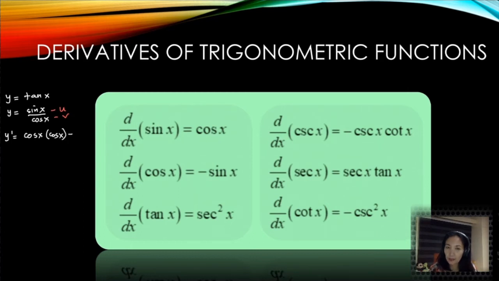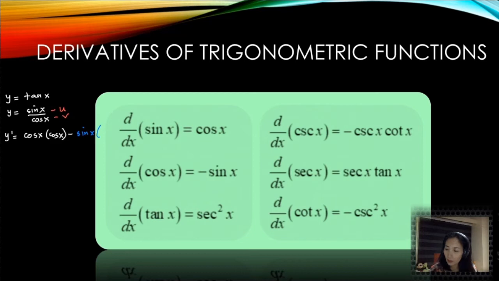minus u dv. Let me use another color so that it will still be visible if I continue on this side. u dv is sine x times derivative of the denominator.